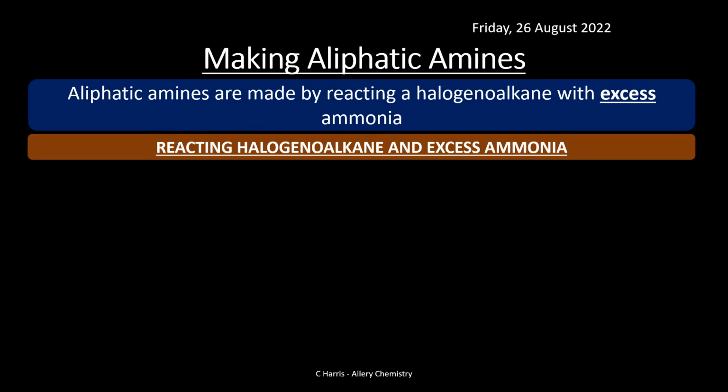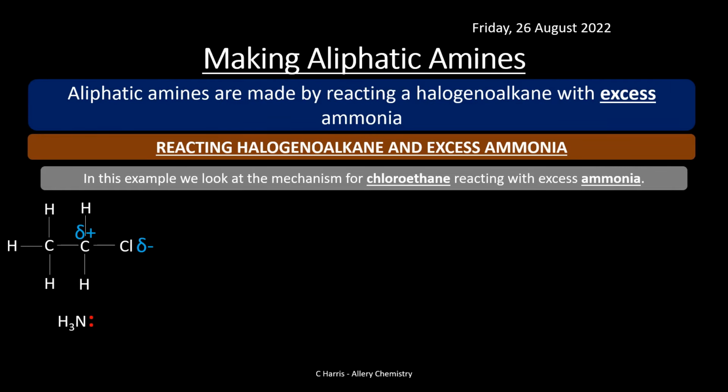So aliphatic amines are made by reacting a halogenoalkane with excess ammonia. We can take a halogenoalkane, react it with excess ammonia, and we need to know the mechanism for these as well. Here we're going to use a nucleophile, and in this case it's ammonia. Remember, a nucleophile has a lone pair of electrons, here on the nitrogen.